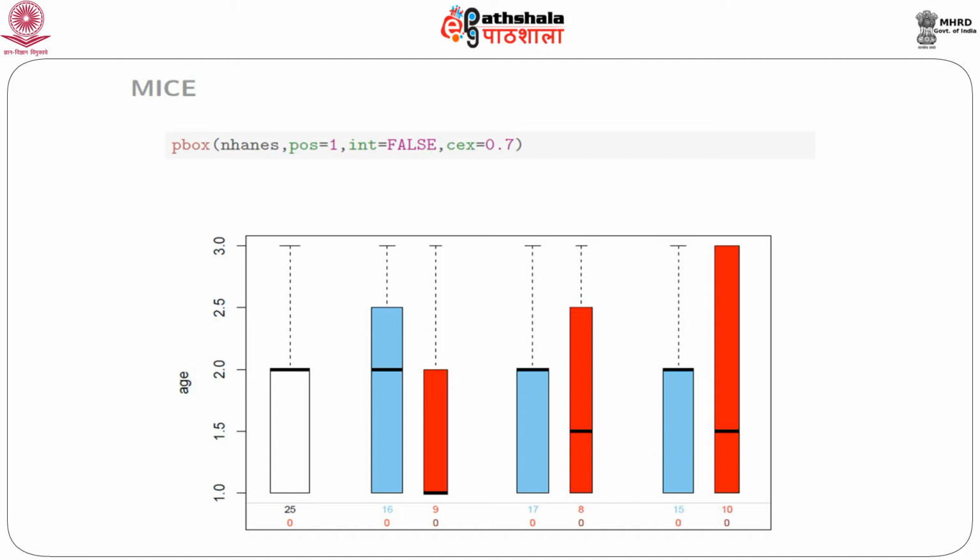So, if we say pbox(enhance, pos=1), we generate a plot which looks like this. This plot shows the distribution of age in the white box at the left hand side, and this distribution is split 3 times into 2 groups corresponding to the missing data in BMI, hypertension and cholesterol respectively, and in this case the distributions are quite similar.